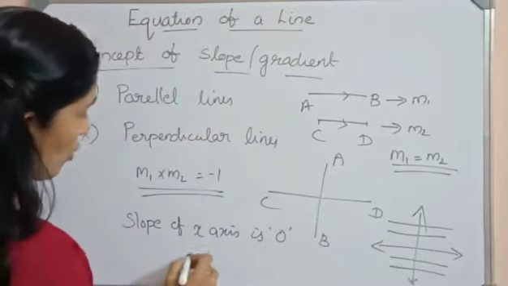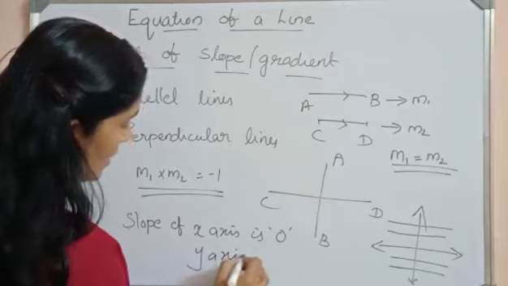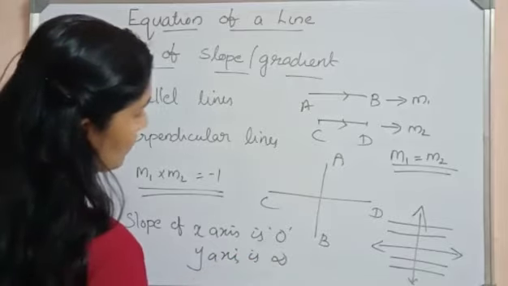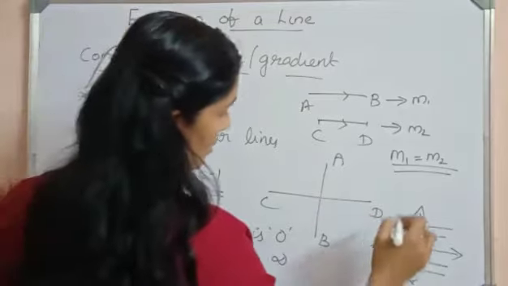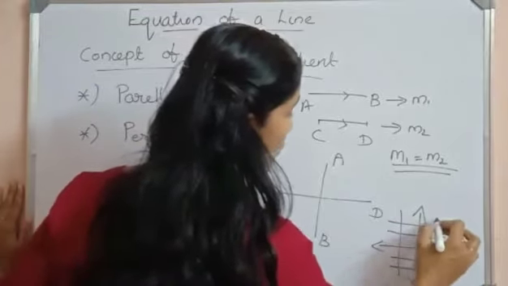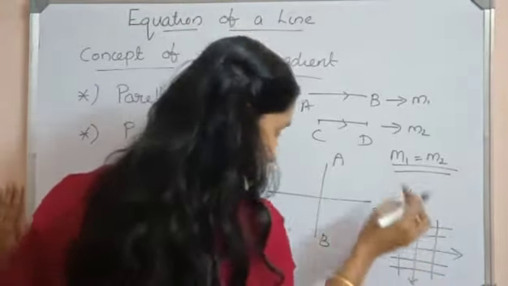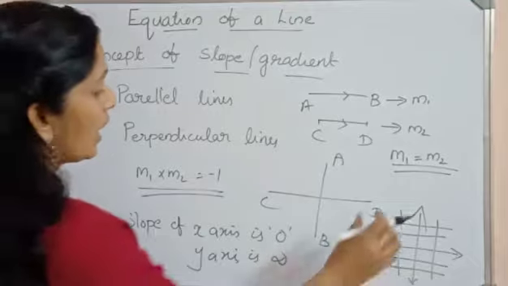And we know that the slope of the y-axis is infinity. Therefore, the slope of the lines which are parallel to the y-axis is also infinity, or that is also not defined.